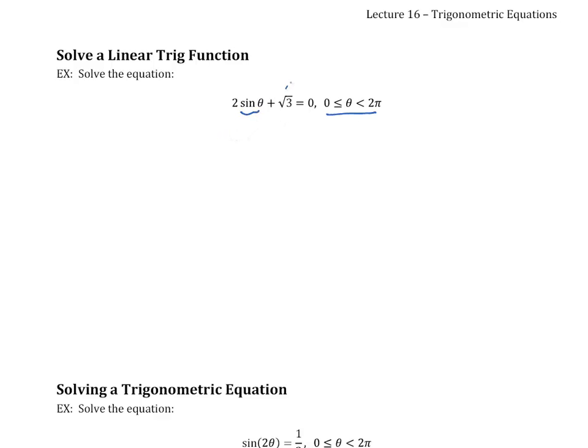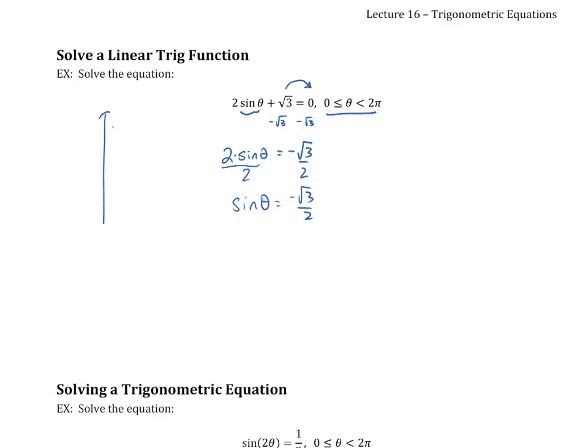So I'm going to begin by solving for it. We'll move the square root of 3 to the other side by subtracting it from both sides. And you get 2 sine of theta equals negative square root of 3. And then to get the sine completely by itself, we notice the 2 is multiplied on, so we'll divide both sides by 2. We have sine of theta equals negative square root of 3 over 2.